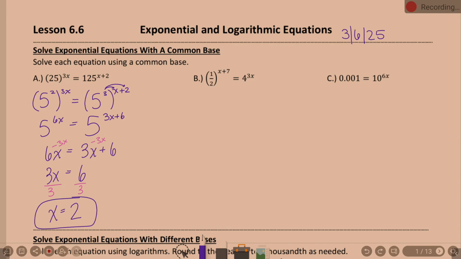So let's revise this to 2 and 4. Can you write them with the same base? 2 is 2 to the first, 4 is 2 squared. Keep in mind, this is 1 over 2 to the first. How do I make this just a 2 that's not in the denominator?